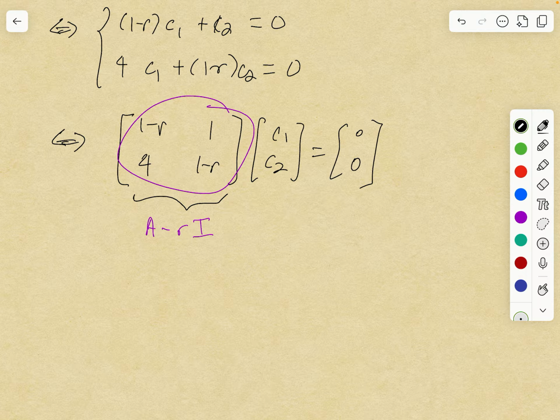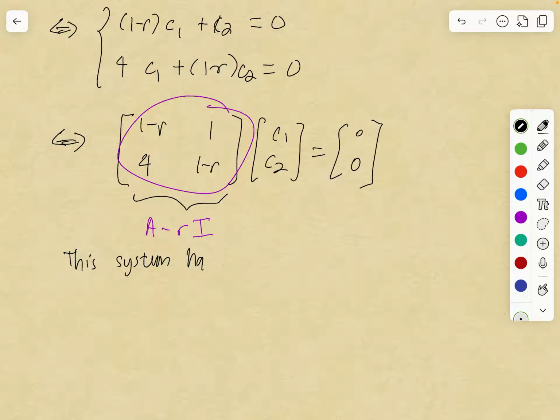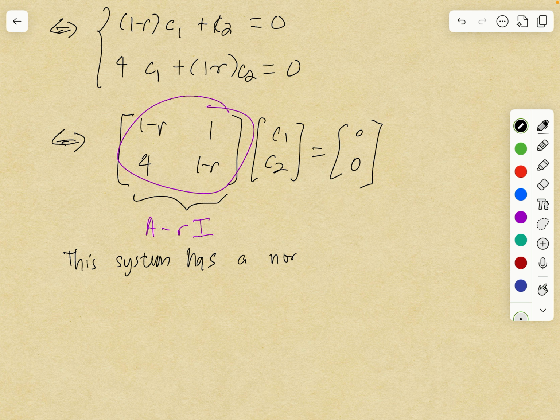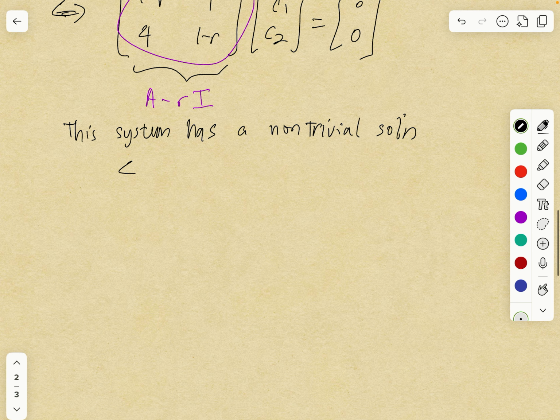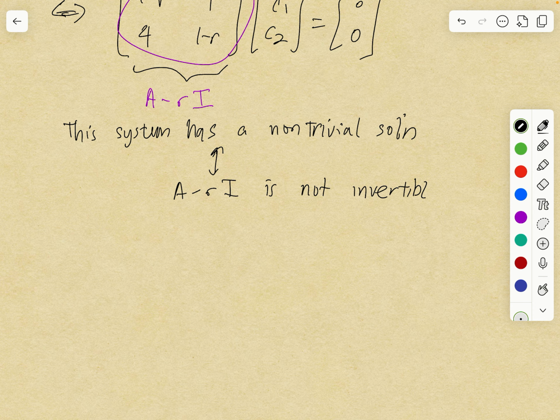And when does this system have a non-trivial solution? That happens precisely when the matrix A minus rI is not invertible, right?